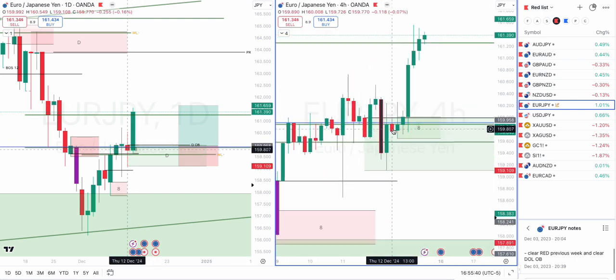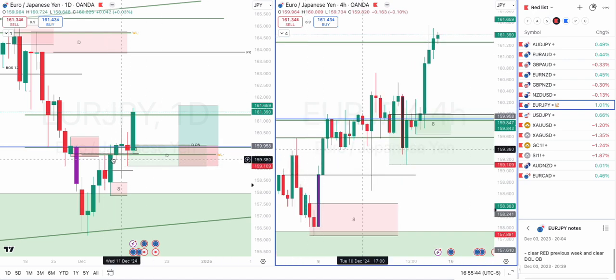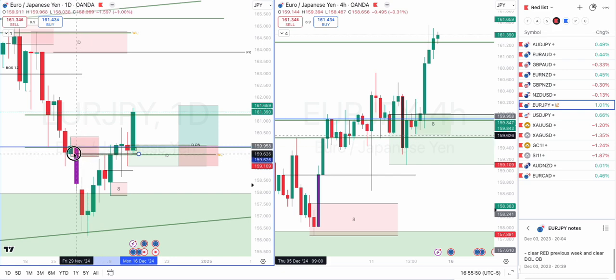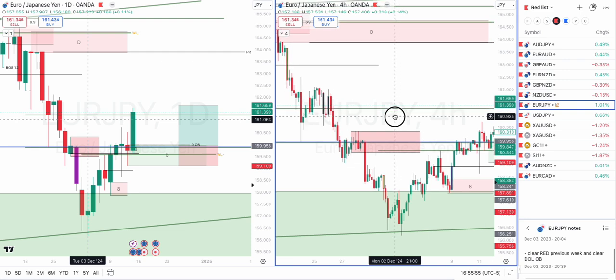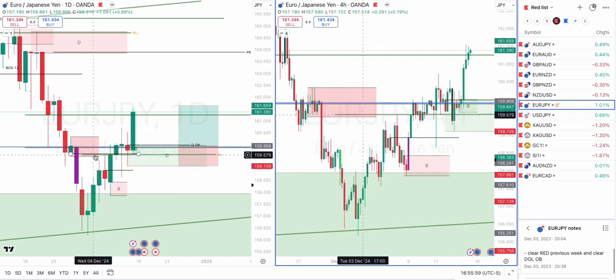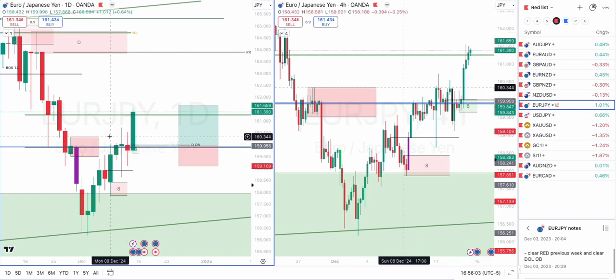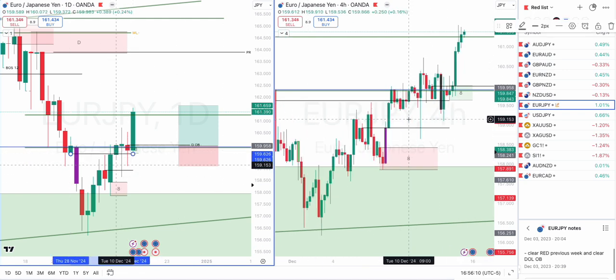Let me be sure about this. Is it Euro? I don't see it here. Maybe I have to scroll further left. That's weird. Let me remove these just so that we can see the chart cleanly. Here, yeah, this one.